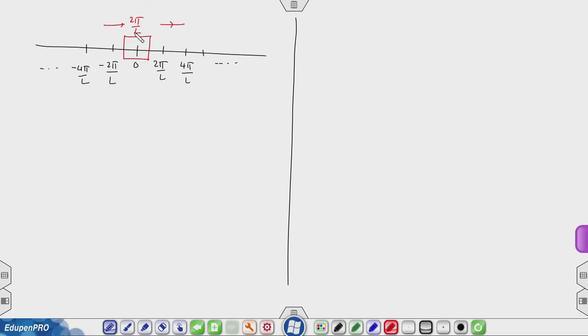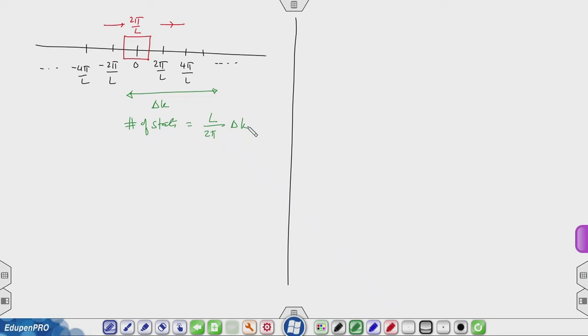I have shown them far apart, they are very close by, and if I take a delta k range, then the number of states in this is L over 2 pi delta k. That is the setup for our one dimensional free electron gas.